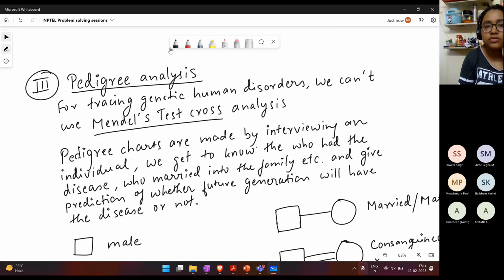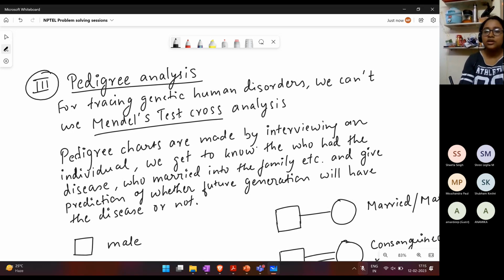So now, for a few minutes, I'll discuss pedigrees. In Mendelian genetics, whatever laws he proposed, he used garden pea plants, right? It was easy for him to cross between male and female flowers, and to determine the genotype of the plants by doing a test cross.